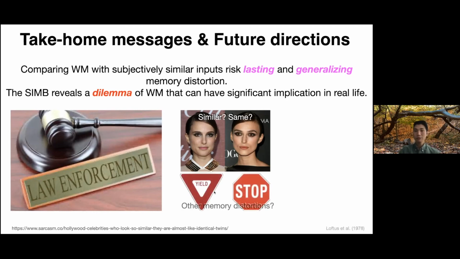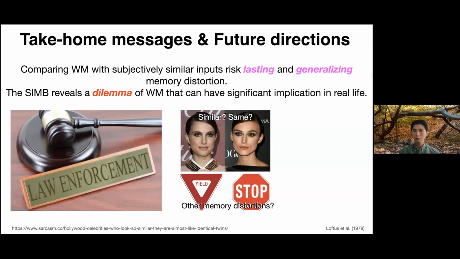Additionally, if you look into the long-term memory literature, there are many other kinds of memory distortion. For example, people sometimes misremember a yield sign instead of the stop sign, despite many physical differences between the two signs. The color is similar, but the shape is different, and the text on the signs is quite different.